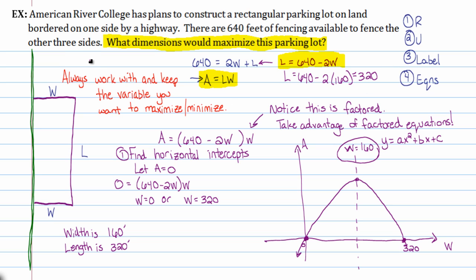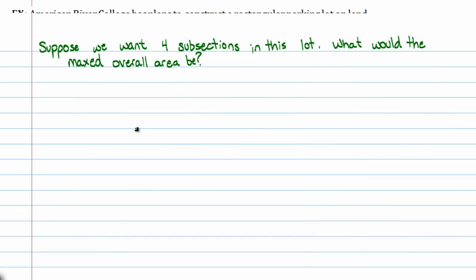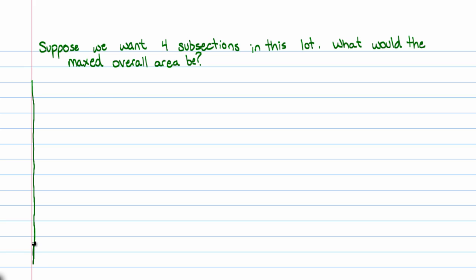Now let's pretend, I'm going to modify this a little bit. By the way, this is done, but let's modify this, make it a little more challenging. Suppose that we want to actually break this parking lot up into 4 sections that we fence off. So maybe a lot A, a lot B, a lot C, and a lot D. Something like this.